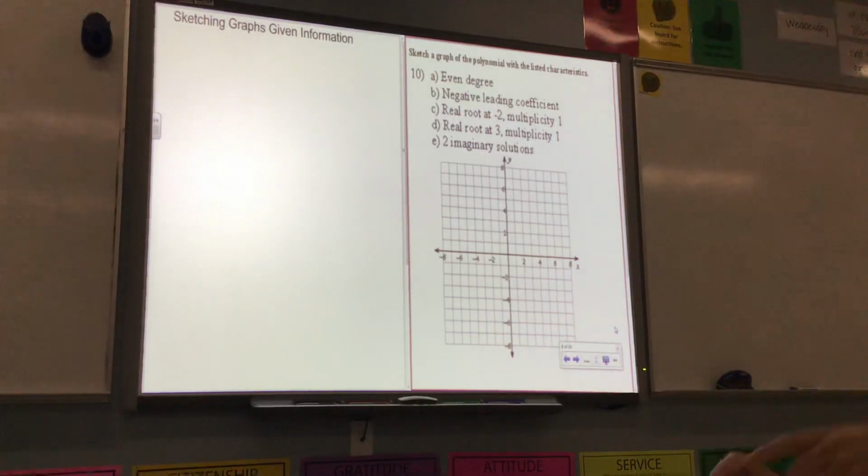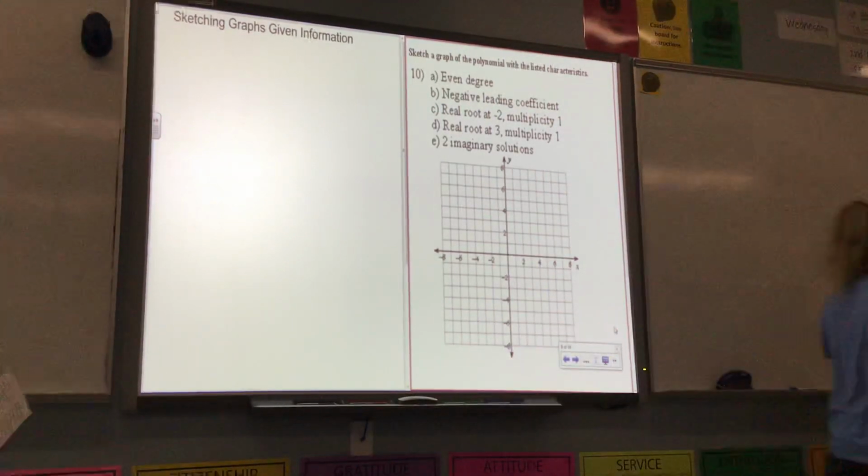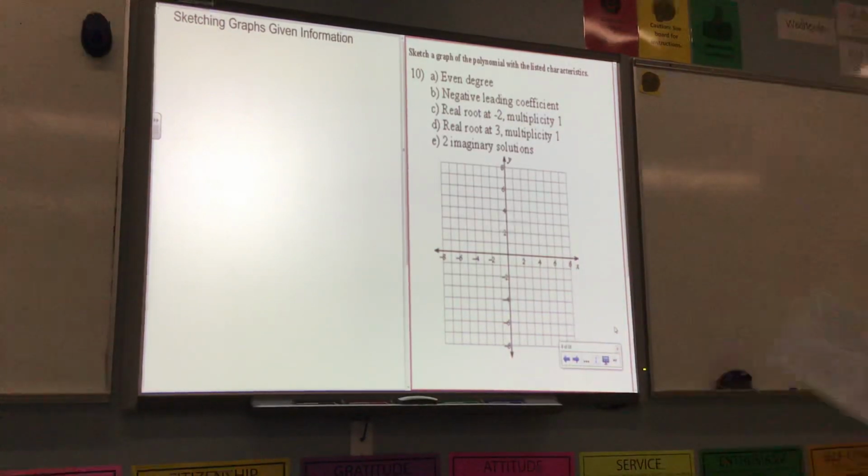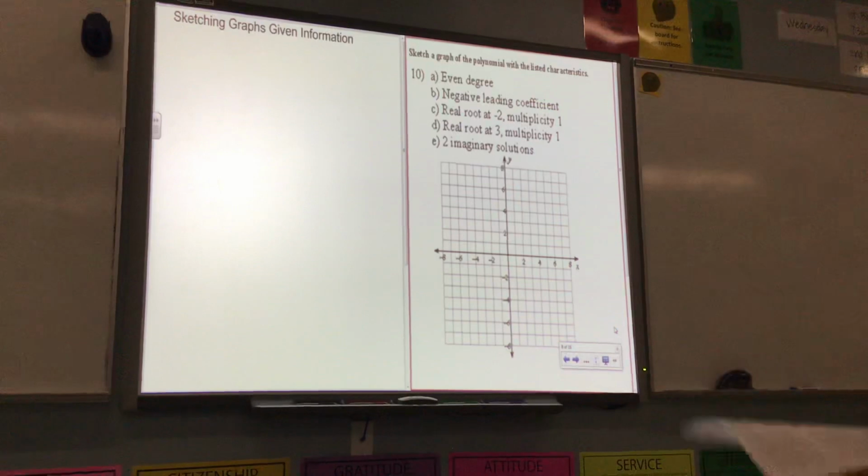How come you have to tap on it for it not to be blurry? I don't know, because it hates me. It just does that thing. Logan, you want to get me a piece? You guys need a piece? Logan, get this class pieces too. He's getting you graph paper. I want to know who's in this class. I don't know. Ben is. Hey guys, we're taking a break to tell you to get graph paper for the next section.